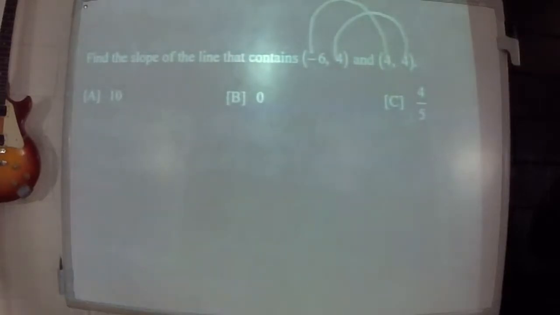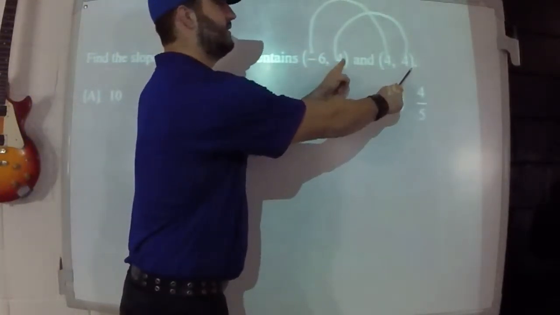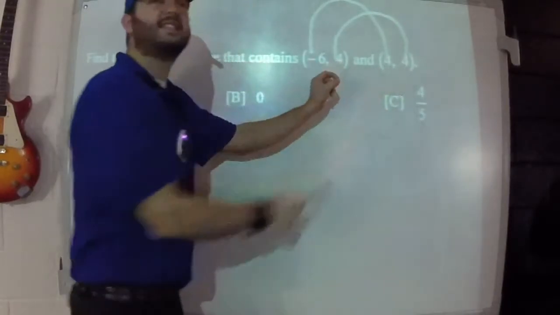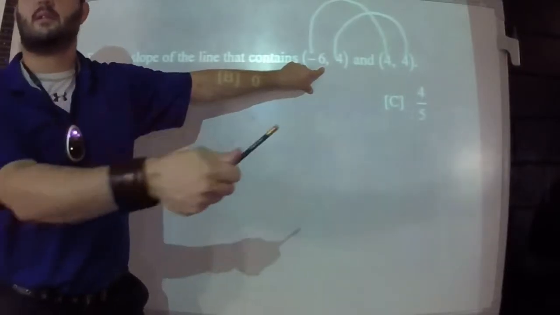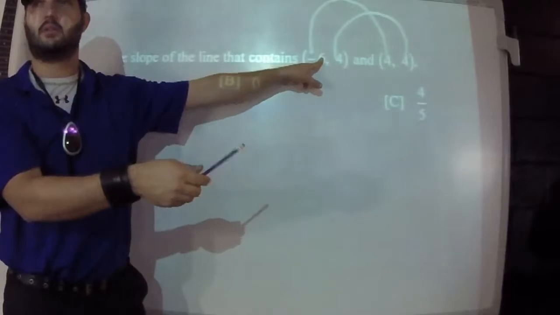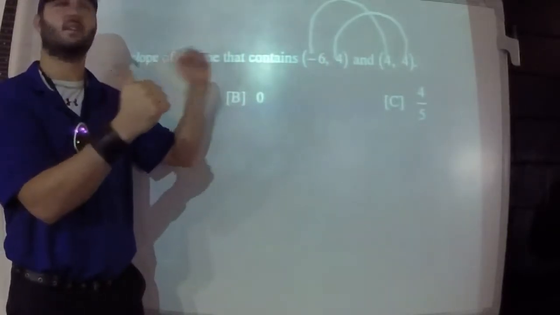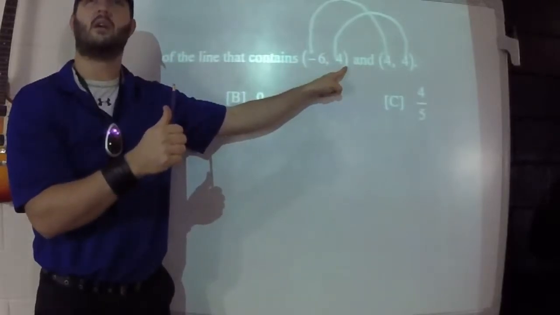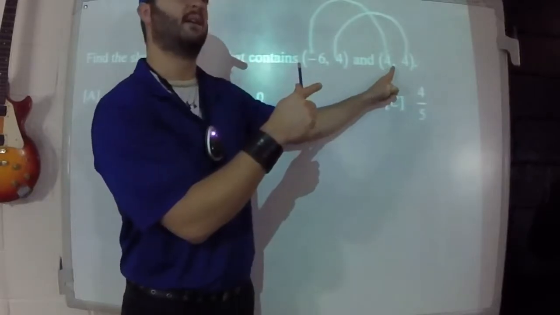And then just look at the points in general. What do they have the same? The x's or the y's? Y's. If the y's are the same, think about if you plotted this point, where would you go? Plot negative 6, 4: left 6, up 4. And where's this other point going to be?